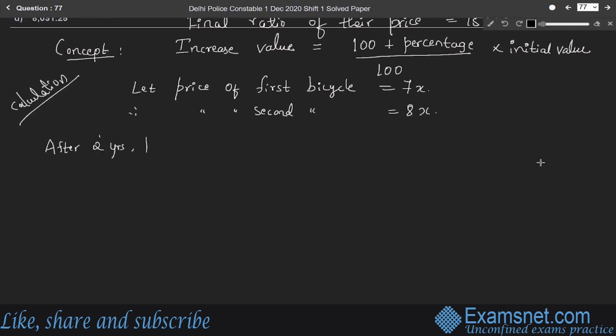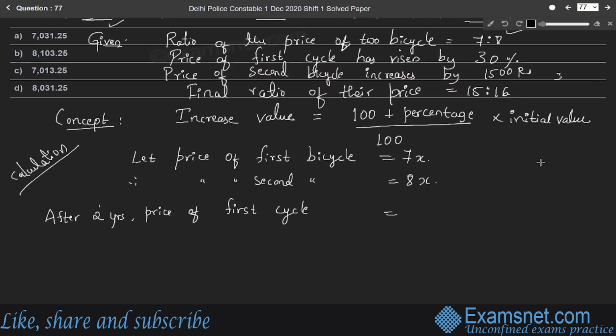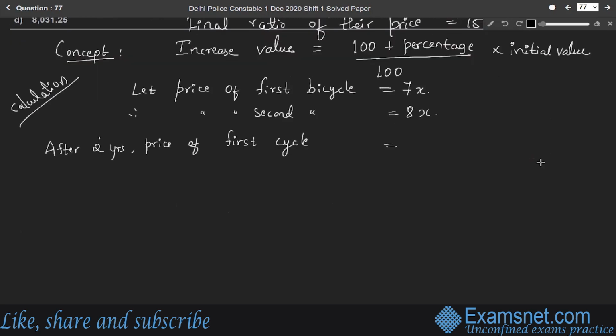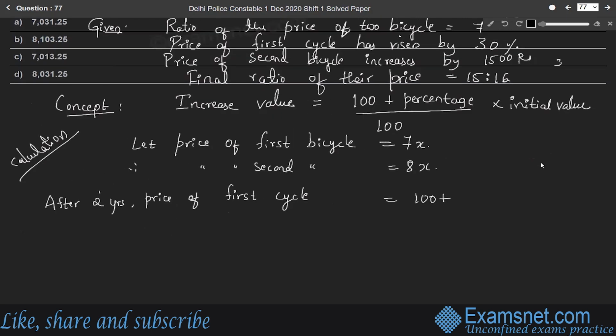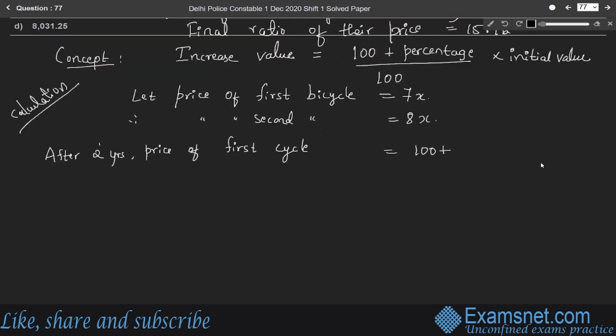According to the formula, it is 100 plus 30 divided by 100 into the initial value 7x, so 130/100 into 7x. So 1.3 into 7x is 9.1x.